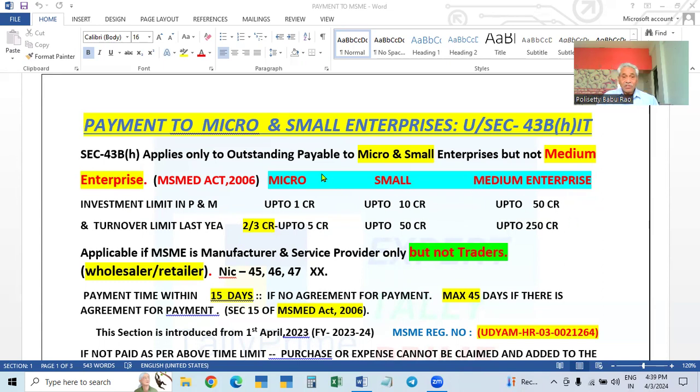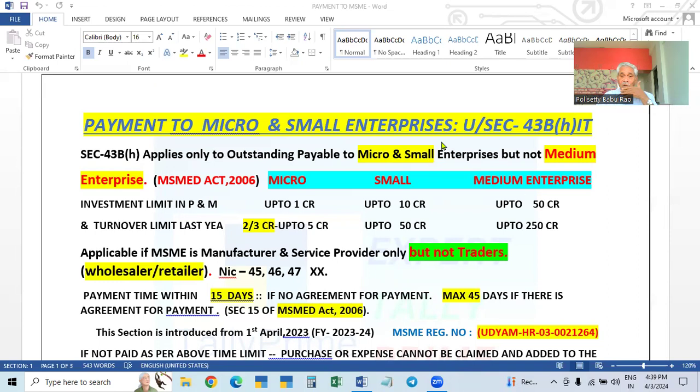That's why in this section 43BH, only these two, micro and small enterprises, are covered, and medium enterprises are omitted. That is, this section is applicable only in the case where the suppliers are either micro enterprise or small enterprise.